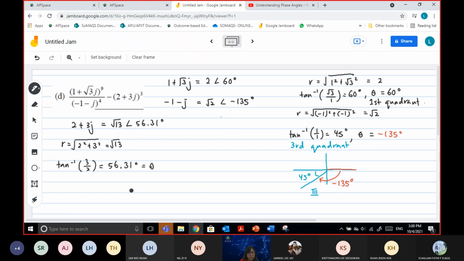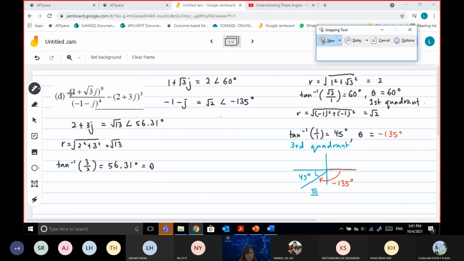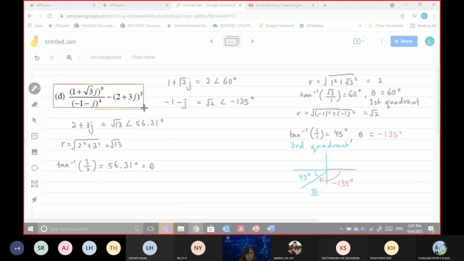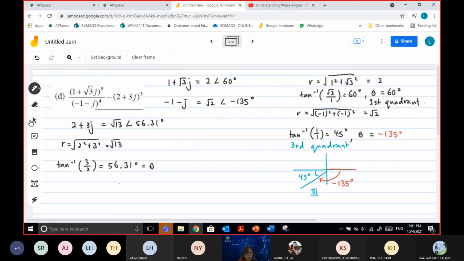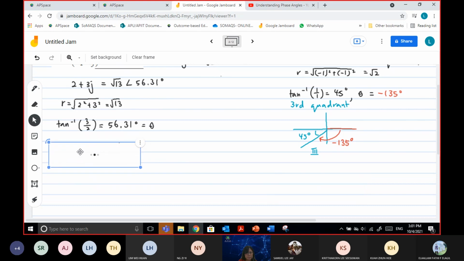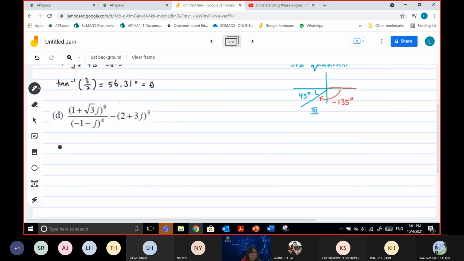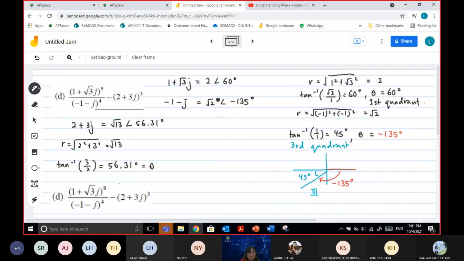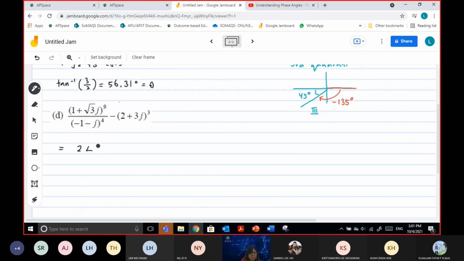So let's substitute into the equation. 1 plus square root of 3 is 2 angle 60 degrees, power of 9.